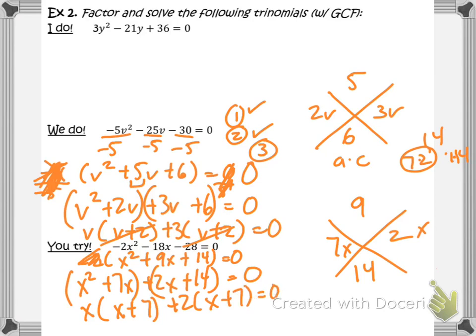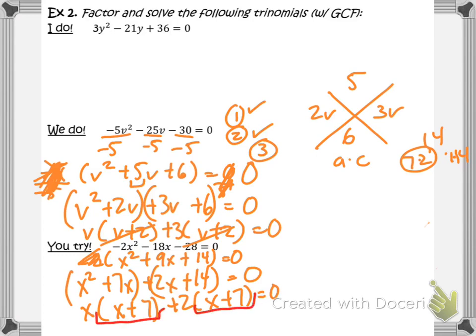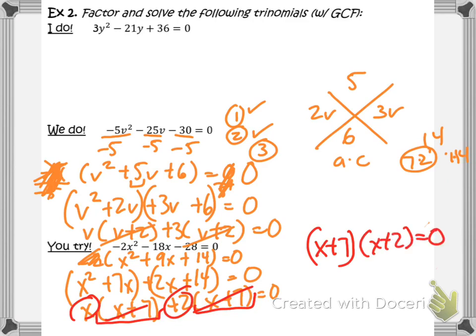Go ahead and let's factor out the common binomial. So the common binomial from each term, I have x plus 7, factor that out, x plus 7. What's left is an x and a plus 2.